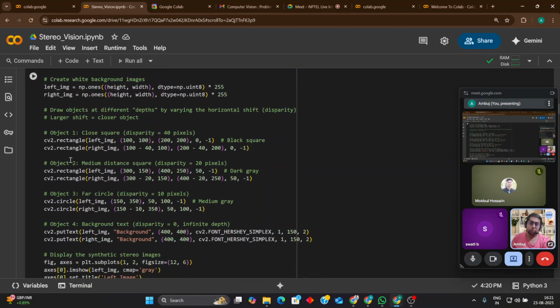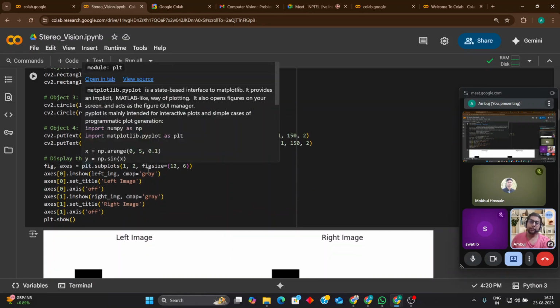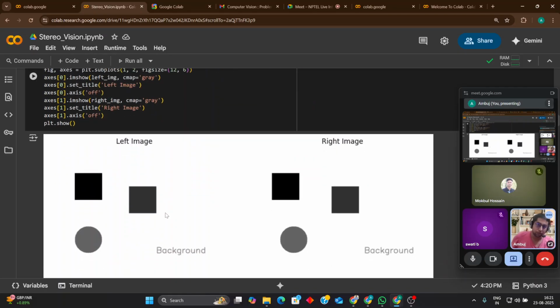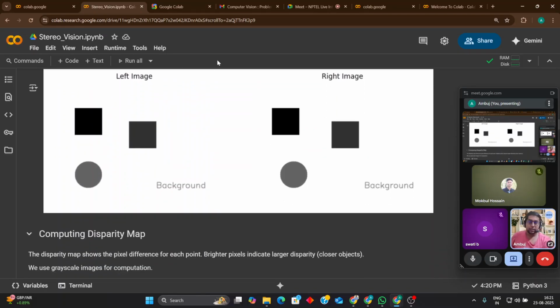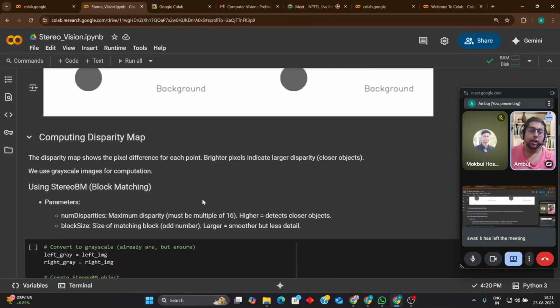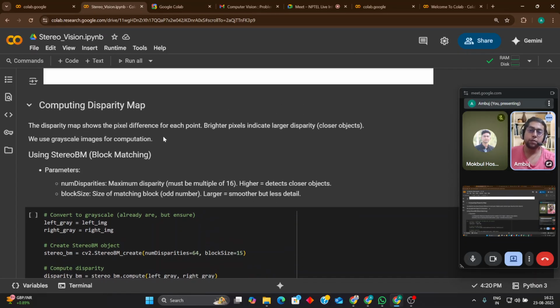Then I have created some random objects, object 1, 2, 3, 4, and then I am displaying them as a left image and a right image, and I am providing the captions also. Now you try to see I have done another aspect, which is computing the disparity map.